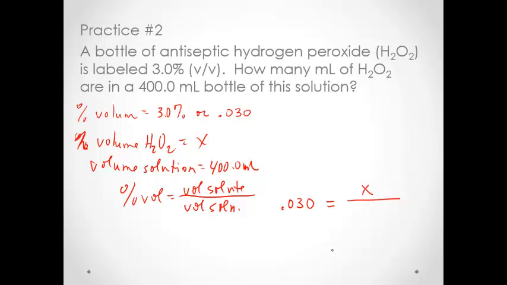We're trying to figure out the milliliters of hydrogen peroxide. But we do know our solution is 400.0 milliliters. If you cross multiply, the volume of hydrogen peroxide is 12. You only have 12 milliliters of hydrogen peroxide out of that 400 milliliters. So it's very, very diluted.